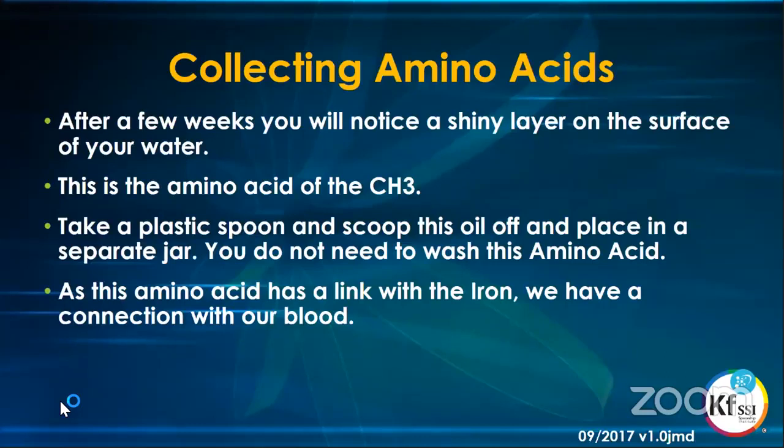To collect this, one takes a plastic spoon and scoops this off and places this in a separate jar. And this you don't need to wash. You just store that in a container, label it and store it for when you need it. And as this amino acid has a link with the iron, now we have a connection with our blood, because as we know, our blood contains the iron as well.